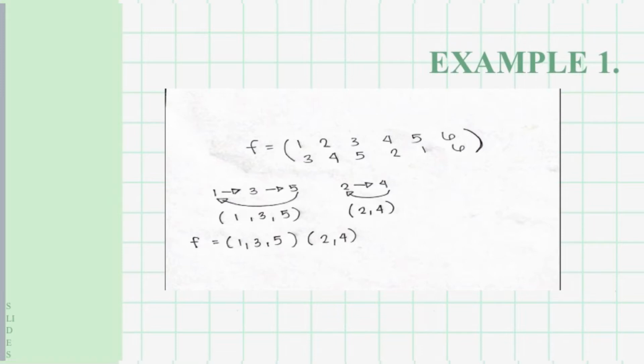So nadira sa ubos sa PPT, this one is (1 3 5) and the other one is (2 4). Since the only element that we haven't looked at is 6, and it remains fixed, I can write f as the product of (1 3 5) and (2 4).